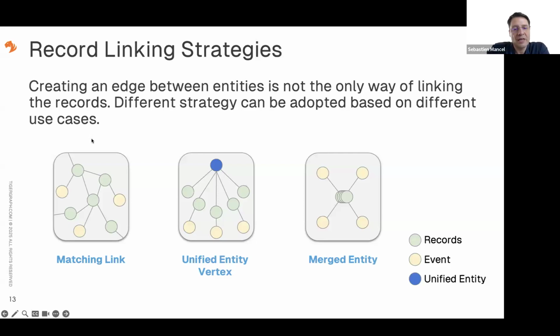Next is the unified entity vertex, the middle diagram. Here we introduce a new node, the blue vertex, representing the resolved entity. So once we've matched all the entities, we create this unified node, and then we link all the matching entities to it, creating a hub that consolidates entities while preserving the underlying sources.